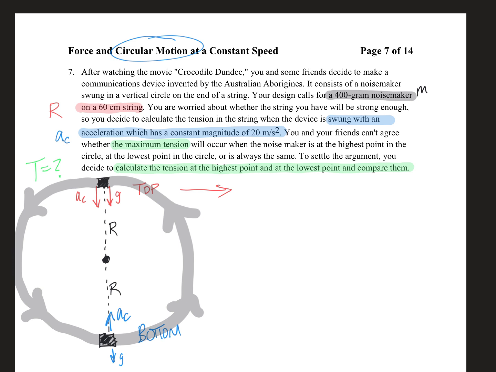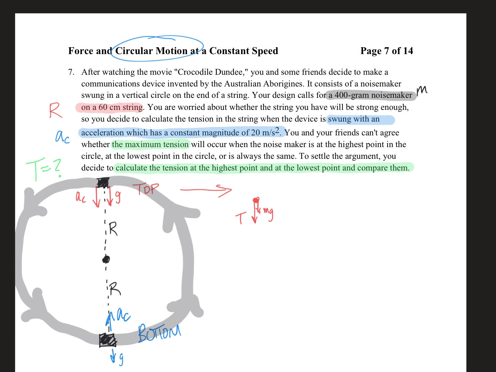So if I do a force diagram of this, there's a tension and a weight, and I don't know what their relative sizes are. It's not as important. And if that's the plus direction, then that's the plus direction, okay?